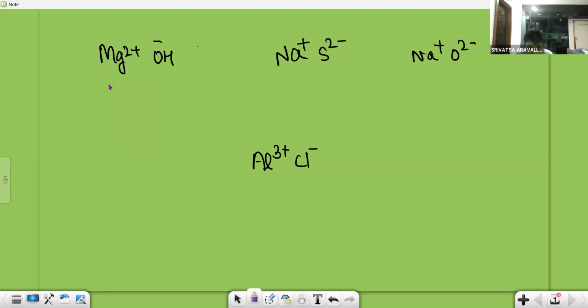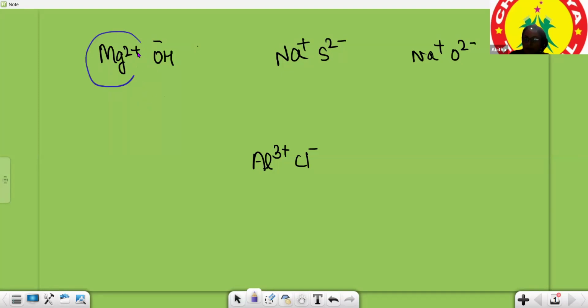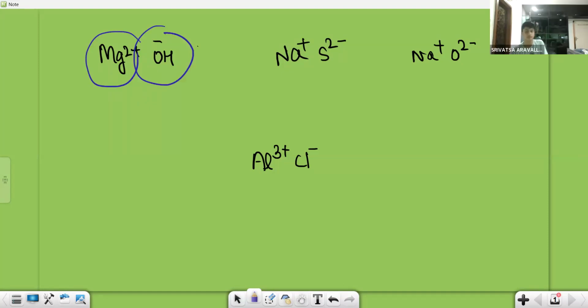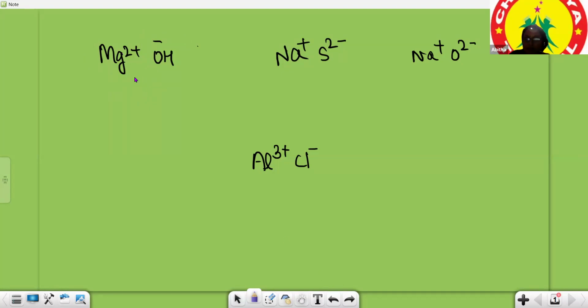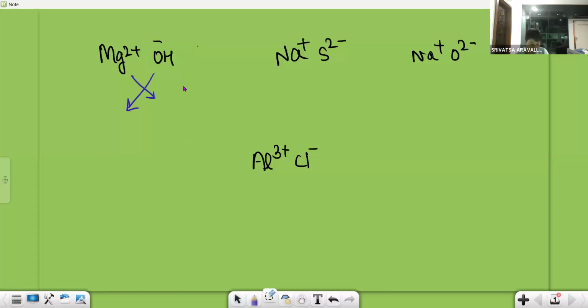You have to write formulas for this. I gave you ions. How to write the formula with the arrows? You have to do like this.